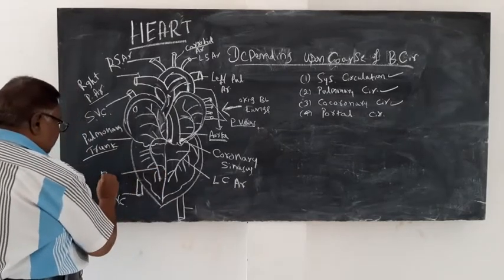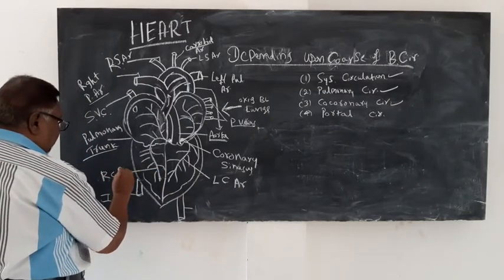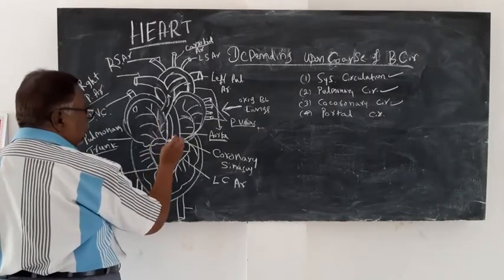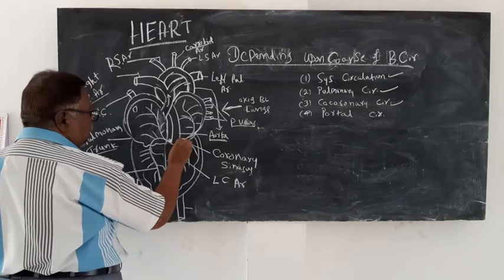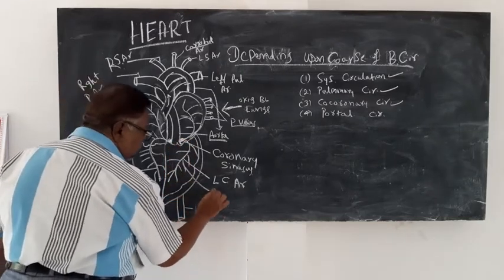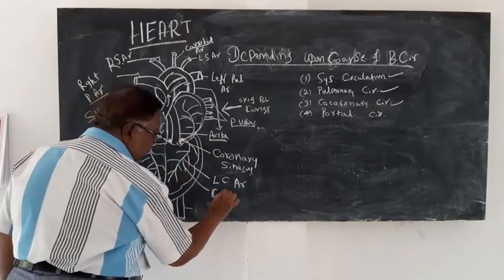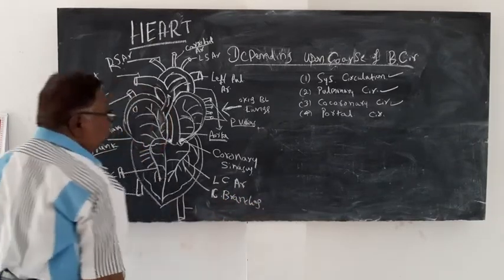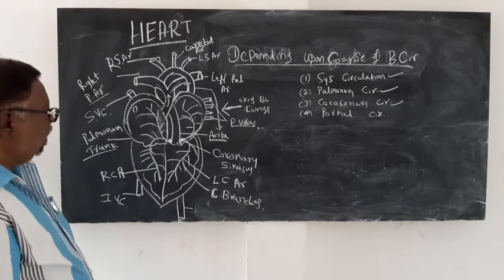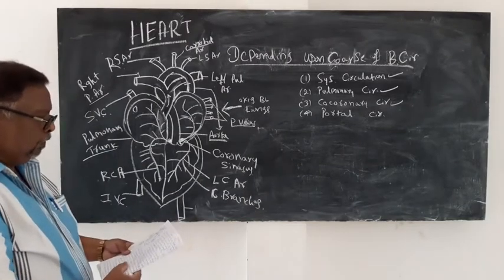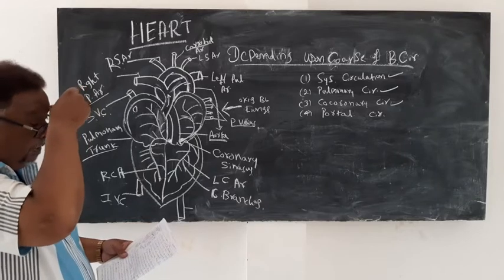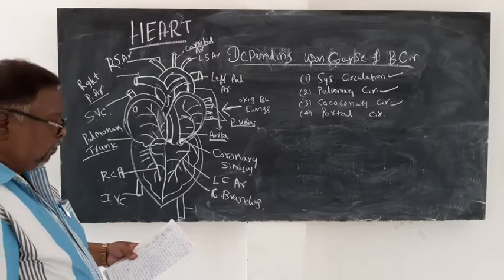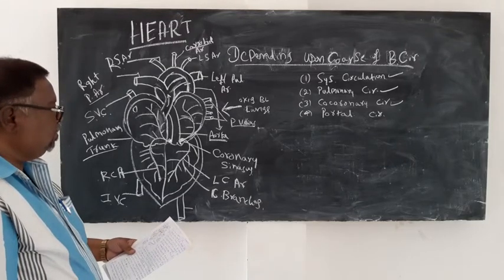This is the right coronary artery. And these are all branches, coronary branches. So the blood to the heart is supplied by the coronary arteries.